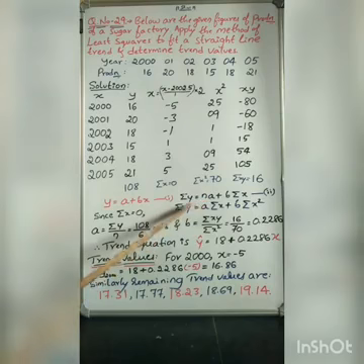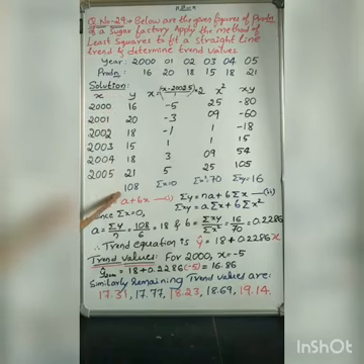Summation of y, the y values summation we need to take, is 108, and the number of observations n: 1, 2, 3, 4, 5, 6 observations are there, so n is 6. 108 divided by 6 equals 18, which is the value of a, the first constant.